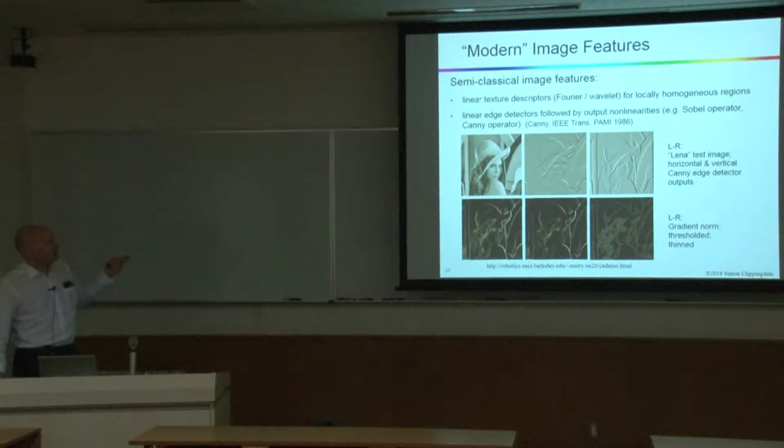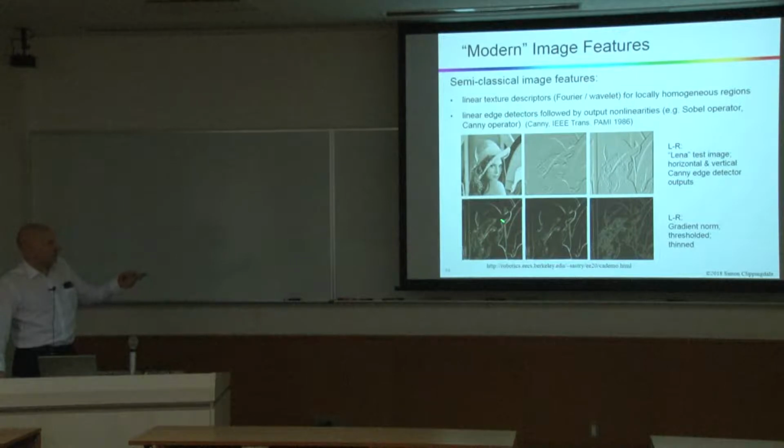So going back in the day, everything was linear. People used the Fourier transform. You're probably not very familiar with the Fourier transform just yet, but effectively it's a frequency-based description of signals. Then linear edge detectors.